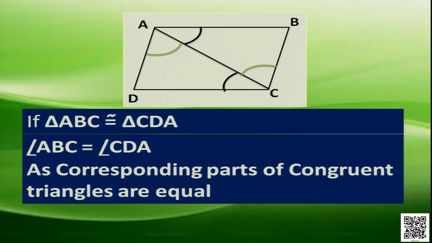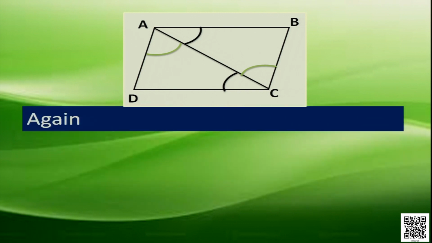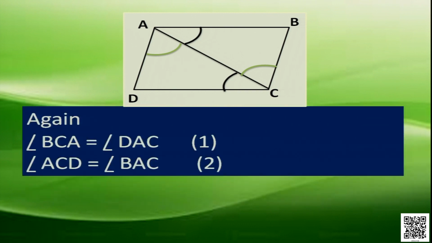Let's see the other part of the theorem. We know that angle BCA is equal to angle DAC and angle ACD is equal to angle BAC. Now you see BCA and ACD, these are two adjacent angles.